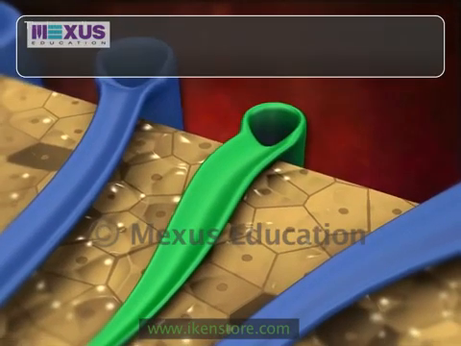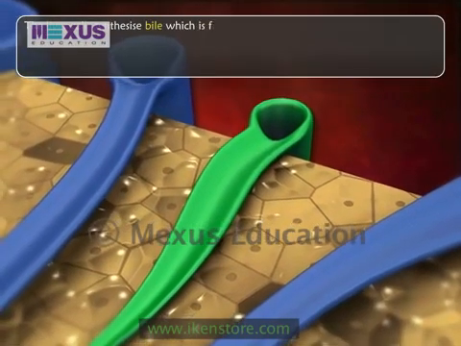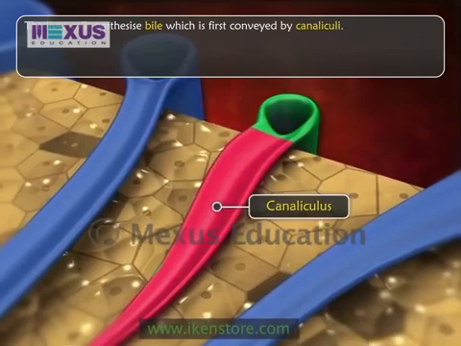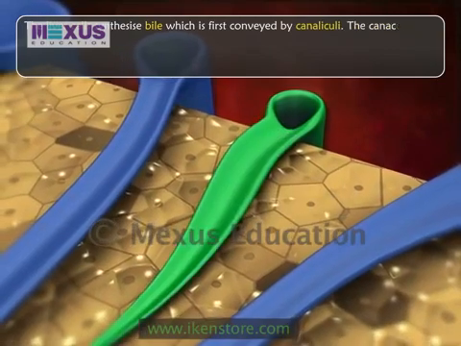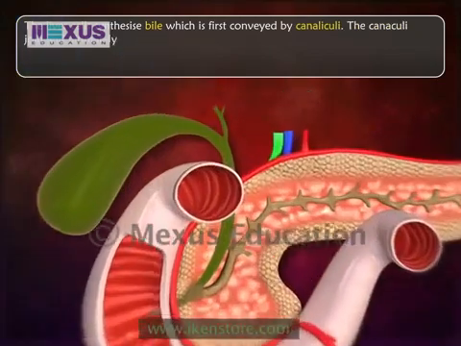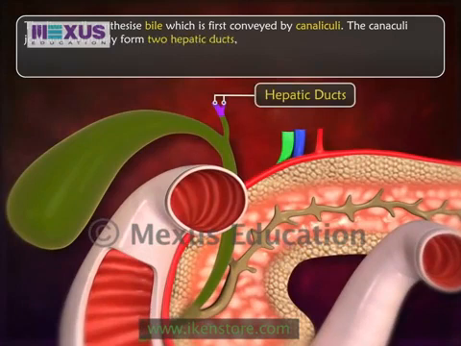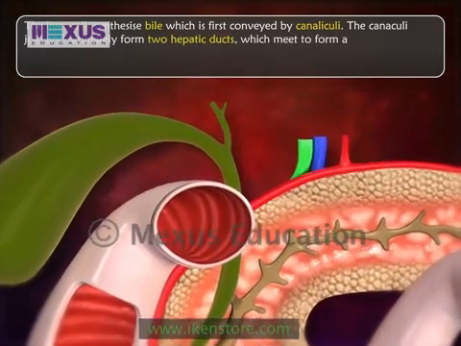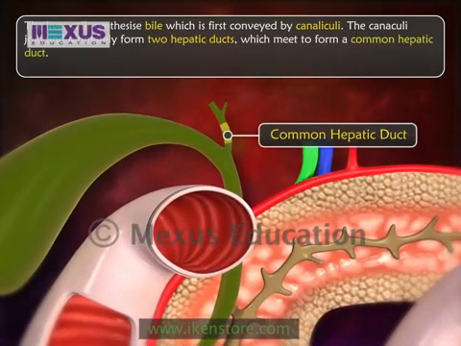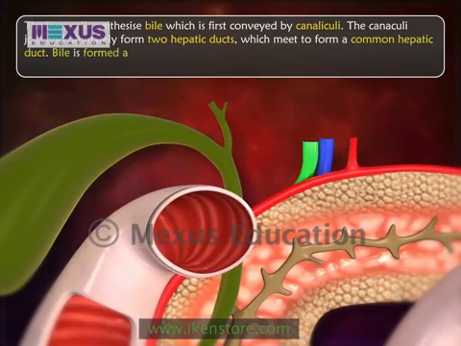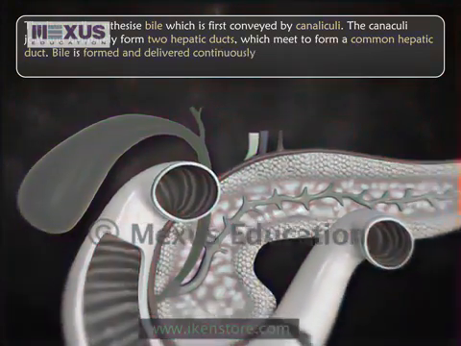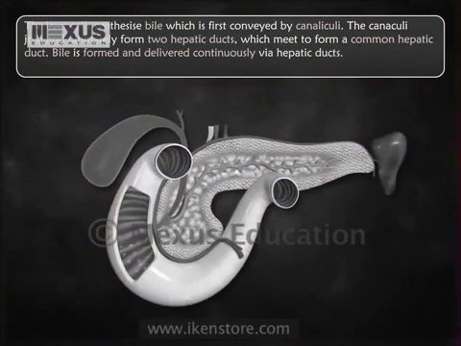The liver cells synthesize bile, which is first conveyed by canaliculi. The canaliculi join and ultimately form 2 hepatic ducts which meet to form a common hepatic duct. Bile is formed and delivered continuously via hepatic ducts.